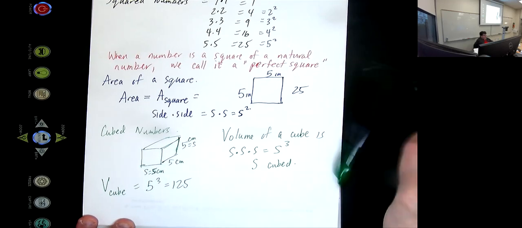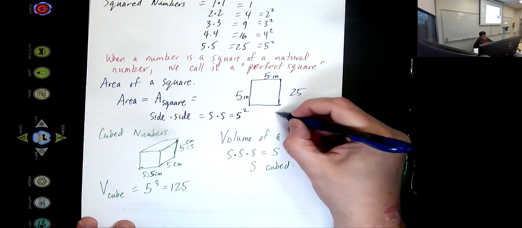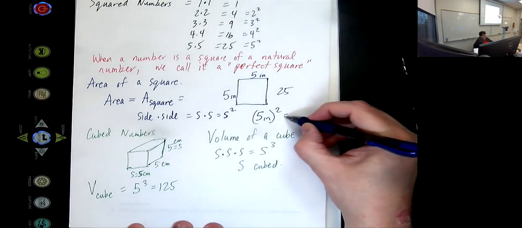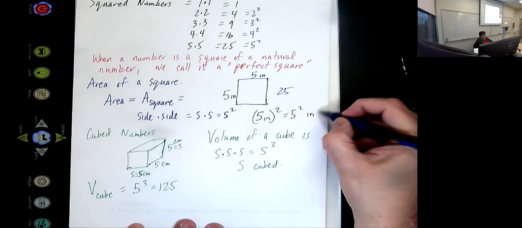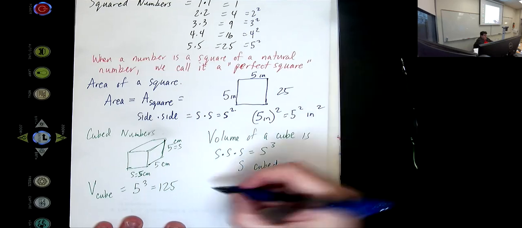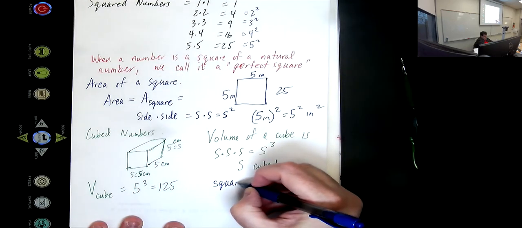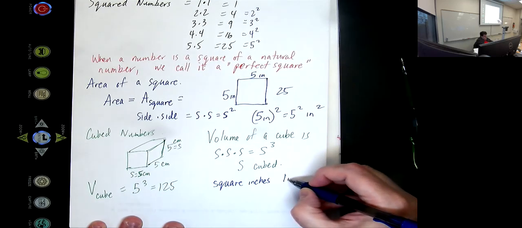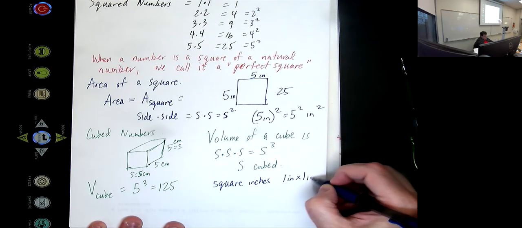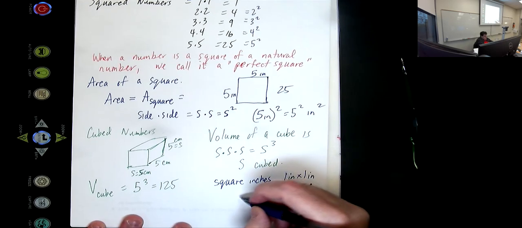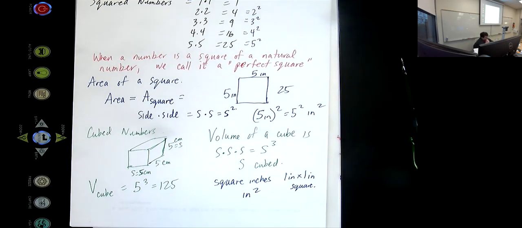So when we have 5 inches squared like that, the 5 gets squared and the inches get squared too. In fact, that's a common way of showing square inches, which is a 1 inch by 1 inch square. We say inches squared, like that. That's square inches.